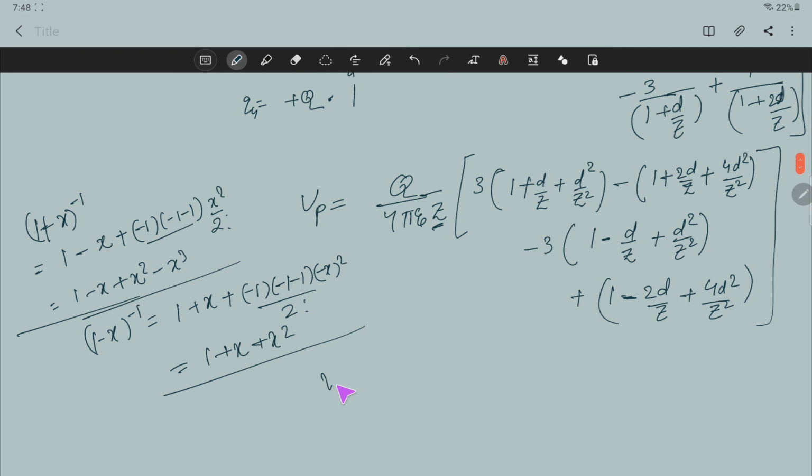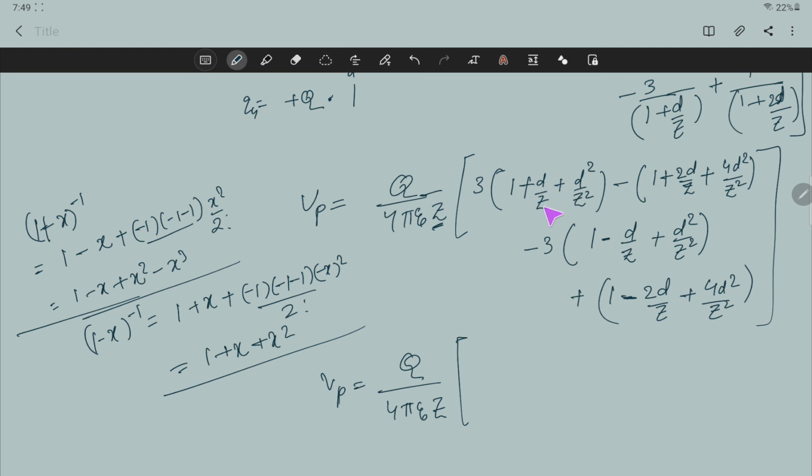Now we have to do the sum. So Vp is equal to Q by 4 pi epsilon naught z, and we have to see: here we are getting 3, here we will get minus 3, that will cancel out. Here we will get plus 1, here we will get minus 1, that will cancel out. Now we will see the power 1 of d.